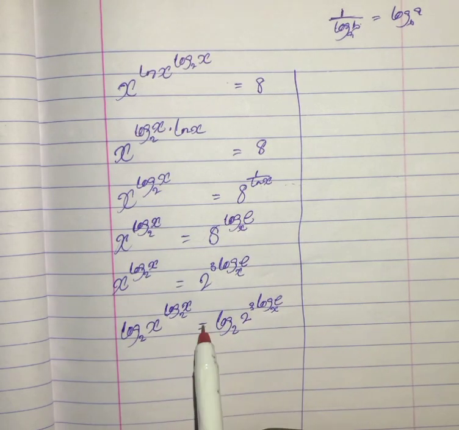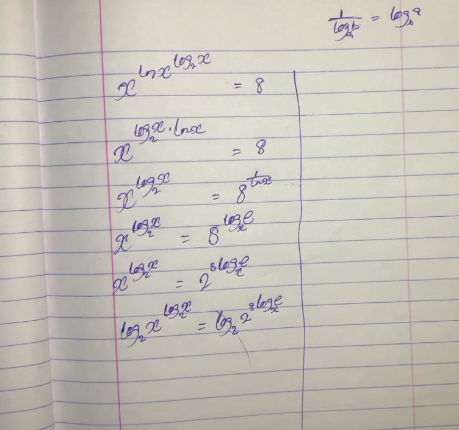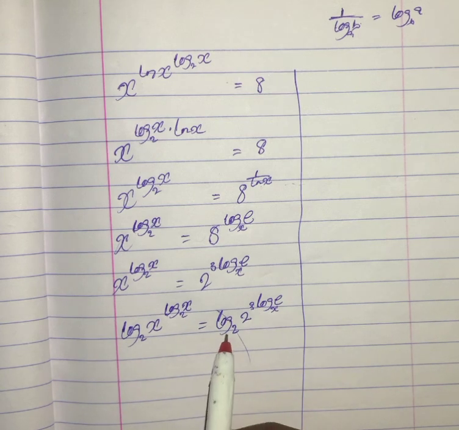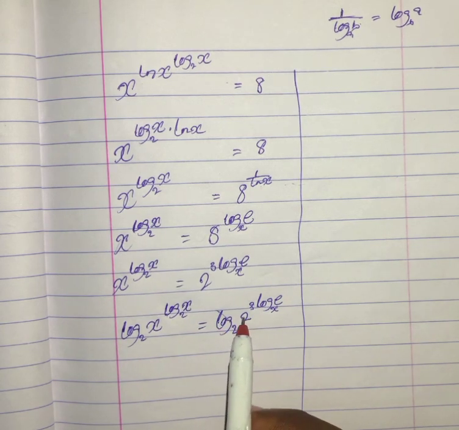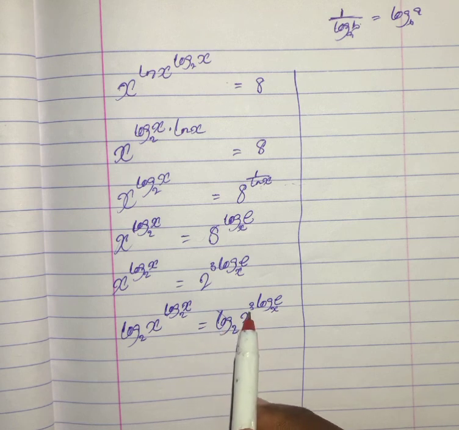This is allowed because it can cancel out. So now that you have log 2 base 2, you can also cancel this out, and you'll be left with 3 log e base x.